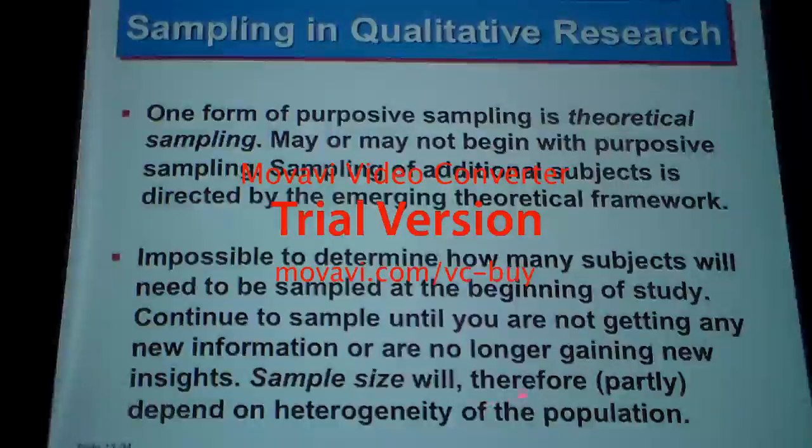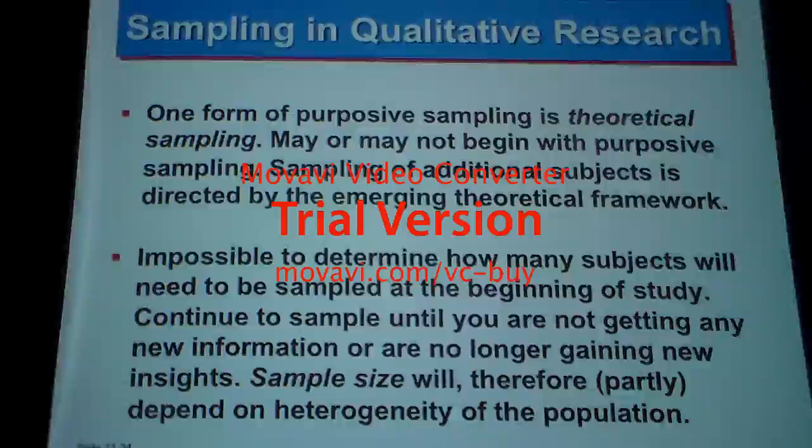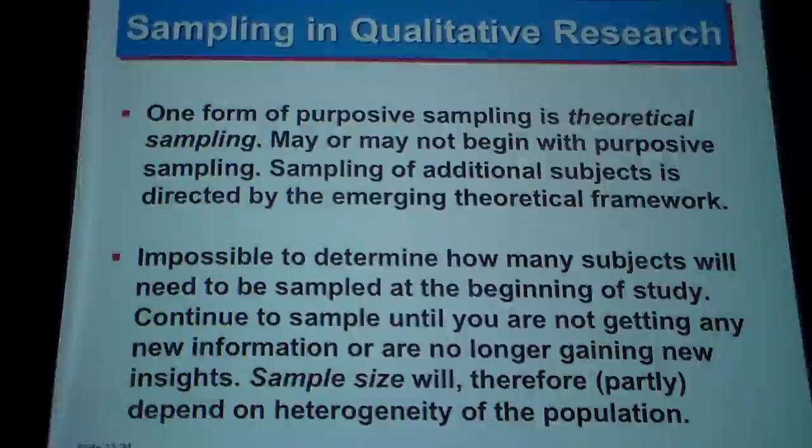Sample size will therefore partly depend on the heterogeneity of the population. Here also the heterogeneity concept plays a role. If there is heterogeneity in the population, sample size can be affected. Why? Because with heterogeneity, you will increase the sample size until you get a stable result.